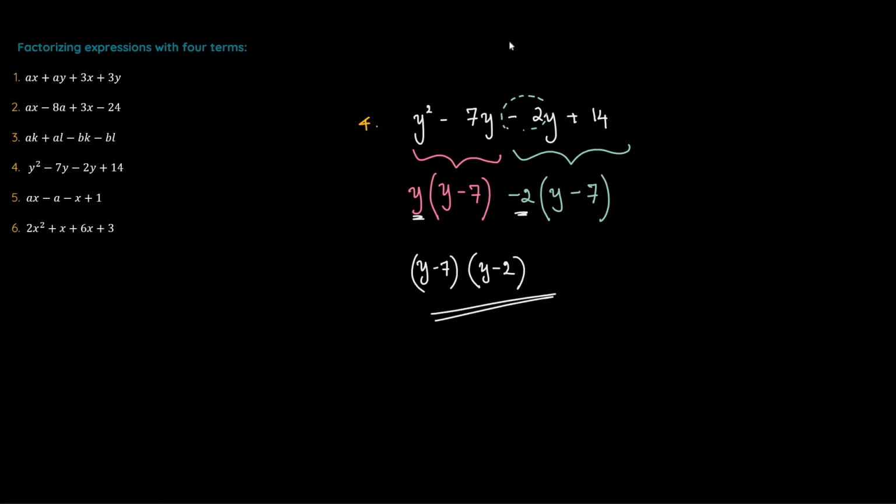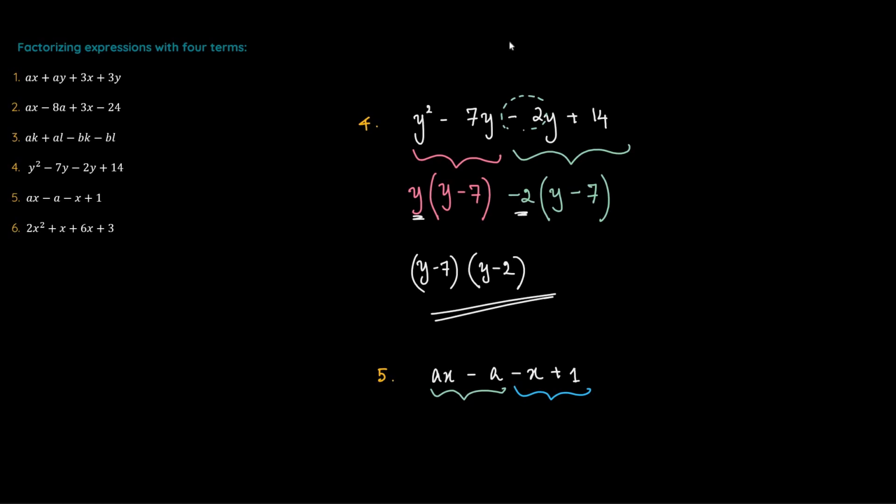Alright, so now the fifth question, ax minus a minus x plus 1. Again, we'll do the same thing as usual. Ax minus a, that's the first pair, and minus x plus 1 is the second pair.